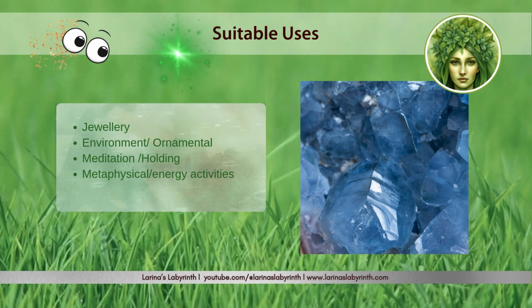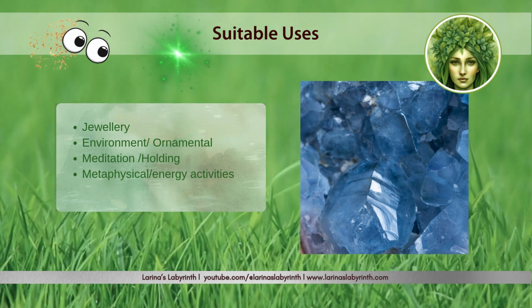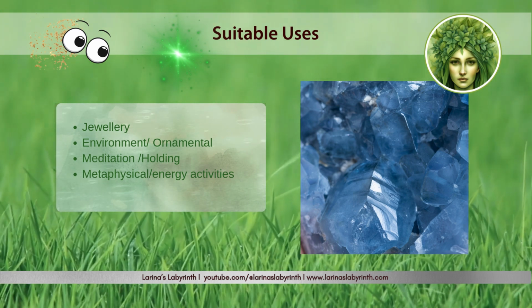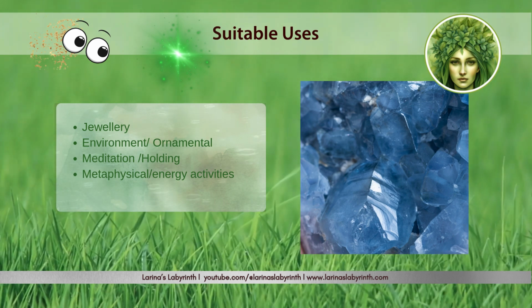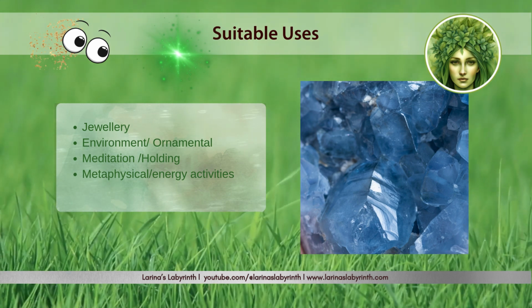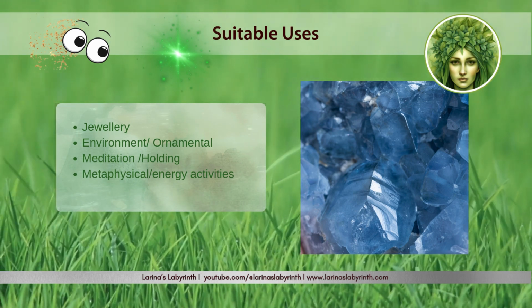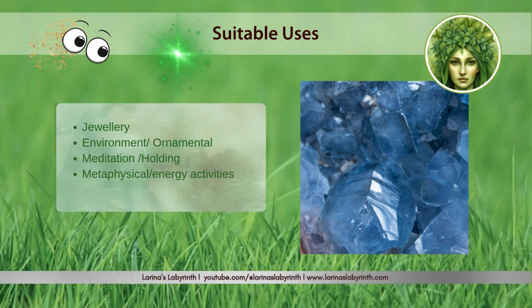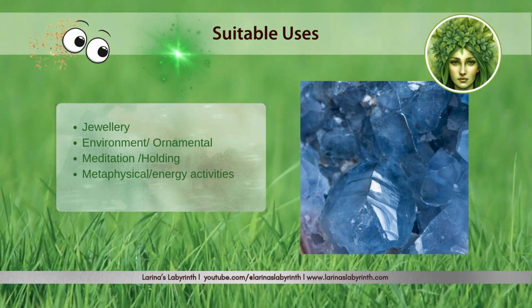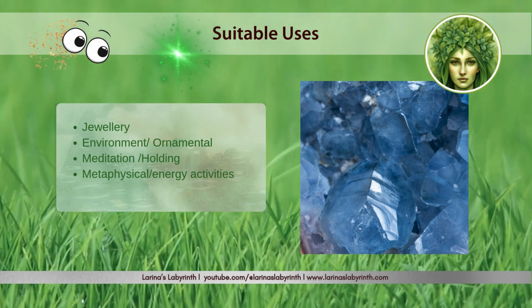The other thing is, if you've got a really nice cluster, or even an egg or a sphere, they make great ornaments, because even if they're ornamental, they still radiate out these healing properties, which is calmness and peace and wonderfully warming, soft, gentle energy, which is great for a house that's got a lot of turbulence in it, shall we say.